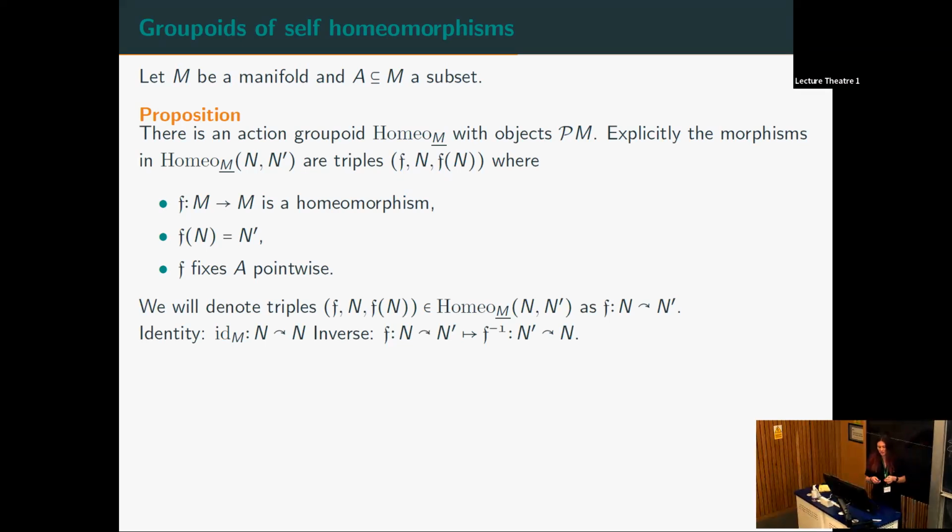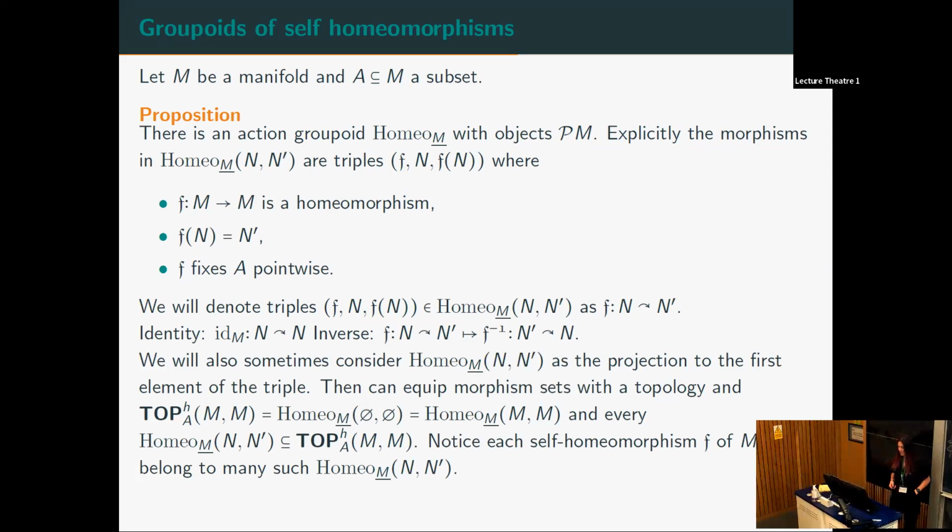And we have very similar notation for this. I try to always use this Gothic script for self-homeomorphisms, so it's clear when we're thinking about flows and when we're thinking about just self-homeomorphisms.